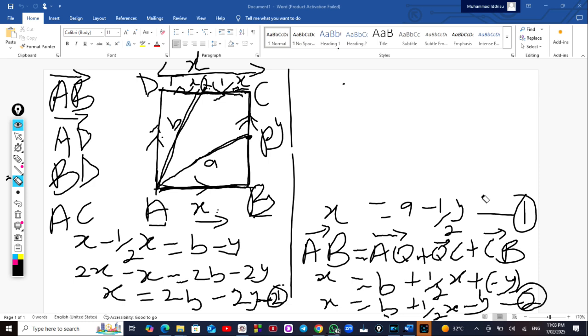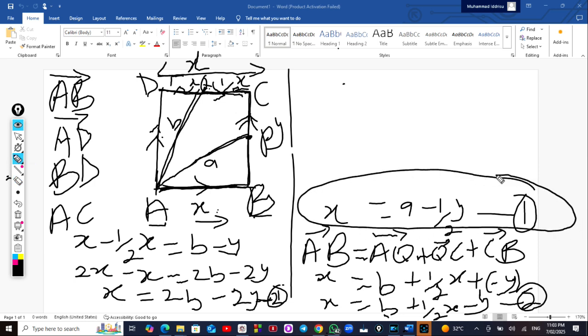I'm equating equation 1 and 2. You can see that in equation 1, X is equal to A minus half Y, and X is equal to 2B minus 2Y. Since X is equal to this and X is equal to that, the two things are equal.